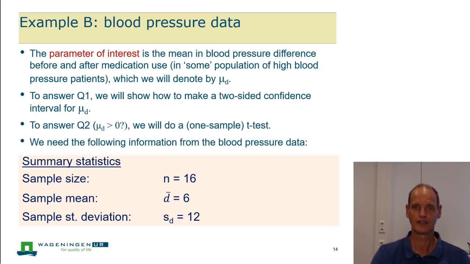And the interesting thing is, for this particular case, that we don't need the values for x and y. Of course, we would also have them, but they're not needed in what follows, in making the confidence interval or doing the t-test.